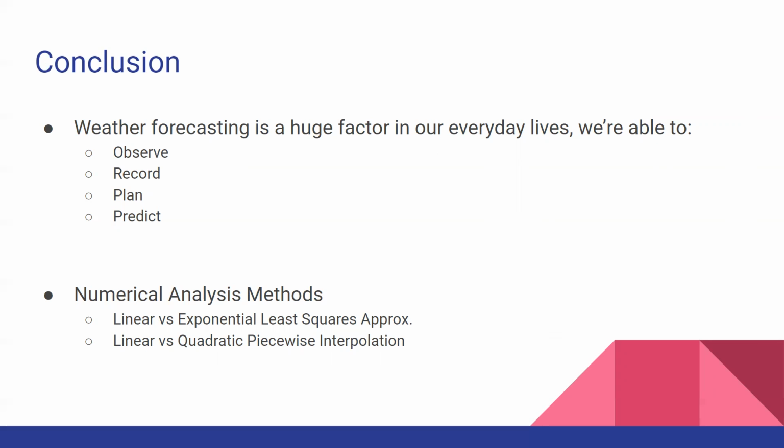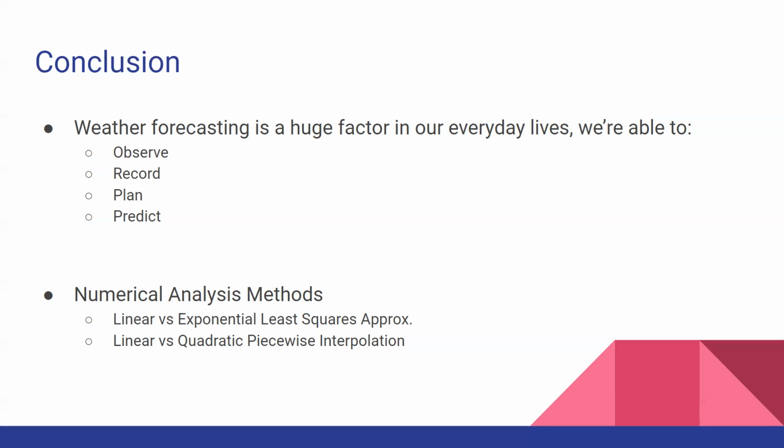Comparing the linear piecewise interpolation to the quadratic piecewise interpolation, I think the linear piecewise interpolation is much simpler. So if you want to do a quick measure of the weather, you can choose the linear piecewise interpolation, but the result will not be very accurate.